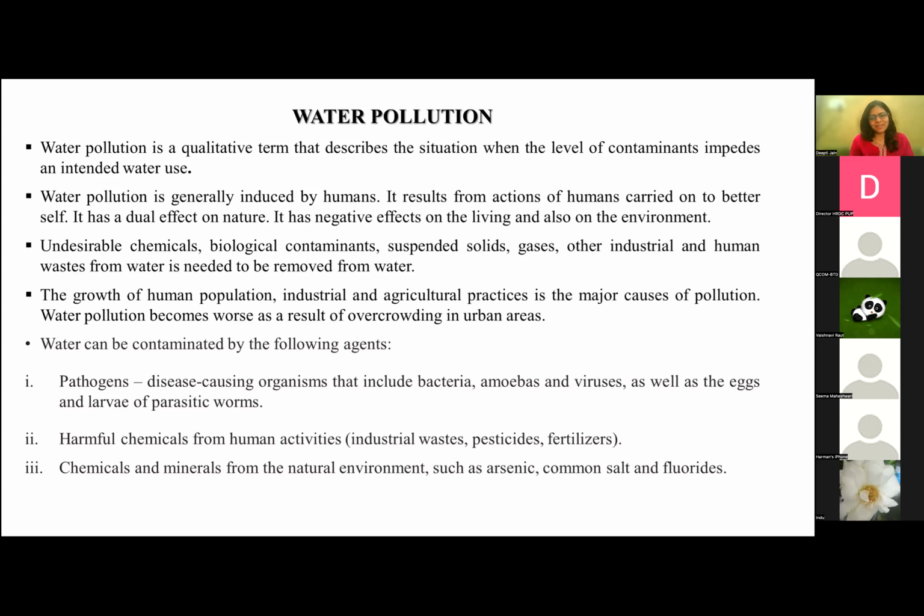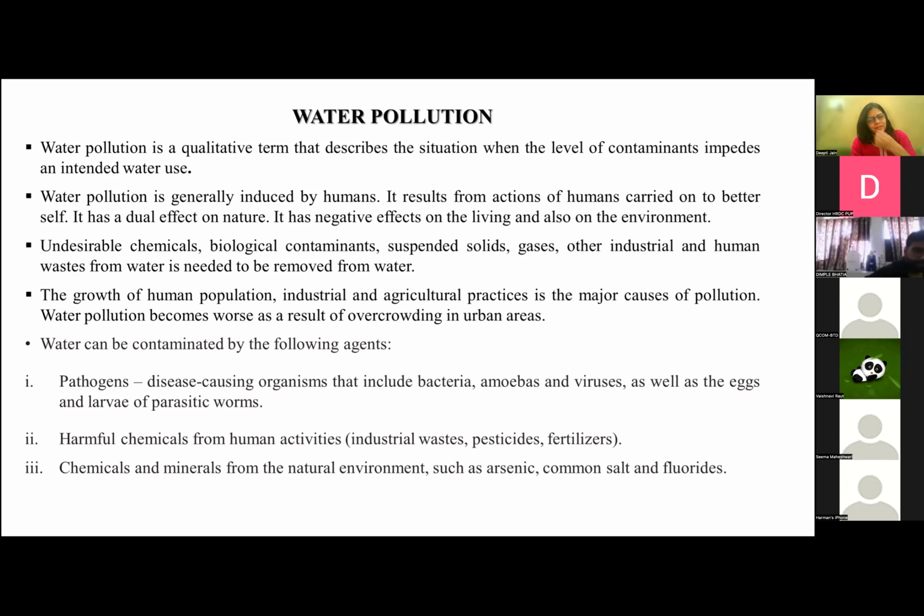But on the other hand, just to fulfill the requirement and just for our self-interest, we are exploiting things, and that is only harming ourselves, our quality of life. So somewhere some balance has to be managed. So chemicals and minerals from the natural environment, such as arsenic, common salt, and fluorides, are again one of the contaminants.